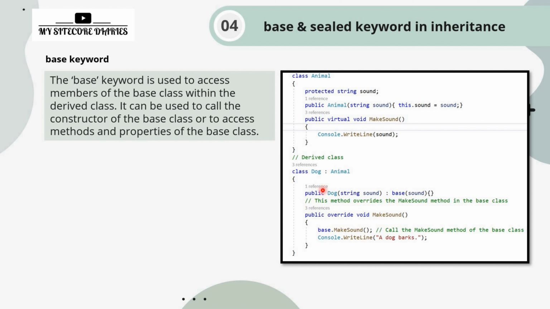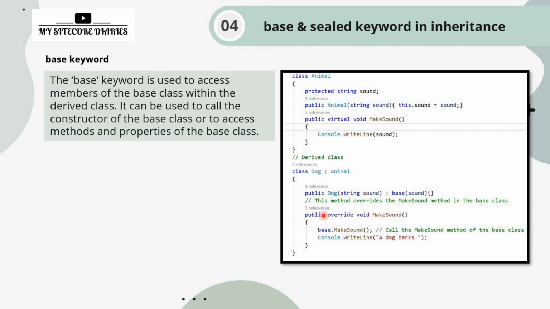In the MakeSound method, if you want to call the MakeSound method of the base class, then you have to use the base keyword. So when we call Dog.MakeSound, it will call base.MakeSound first, and then whatever logic you have in the Dog's MakeSound. Similarly, the constructor also gets called through base, so the base constructor also gets called in the Dog derived class. So this is the base keyword.